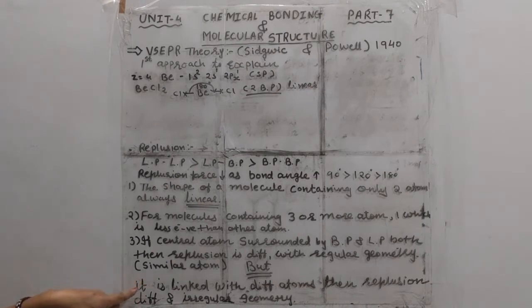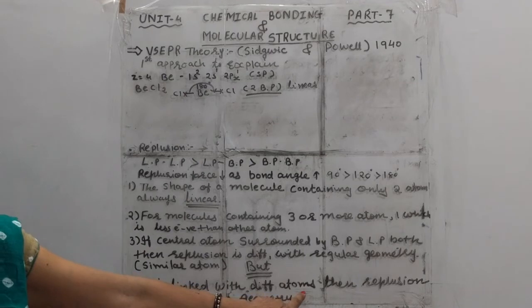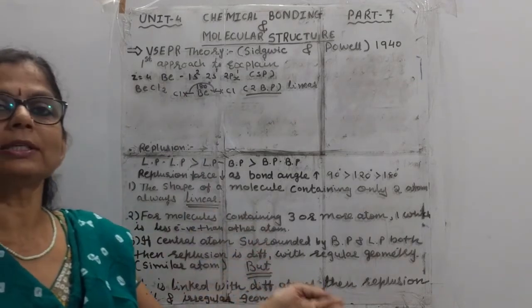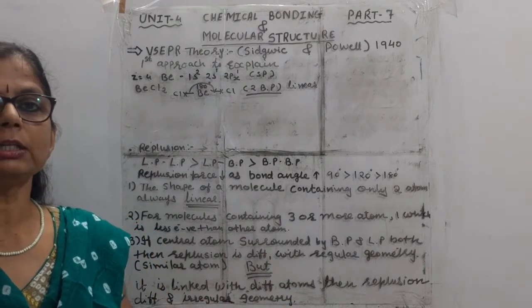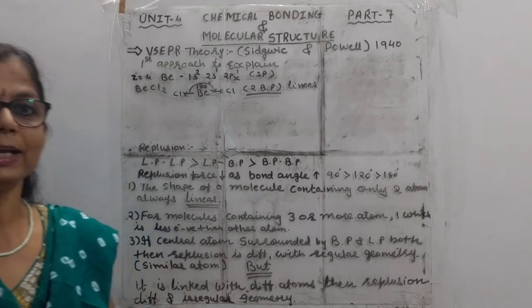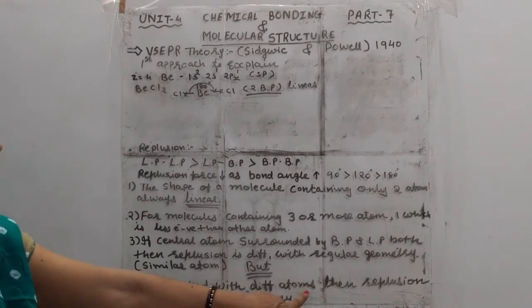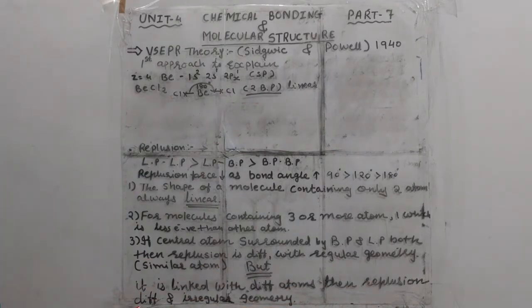But if it is linked with different atoms, suppose H2SO4, HNO3, here the sulfur is the central atom, nitrogen is the central atom, but it is surrounded by oxygen also and hydrogen also. So that is known as the central atom linked with different atoms. Then the repulsion is different and it is having the irregular geometry, distorted shape.